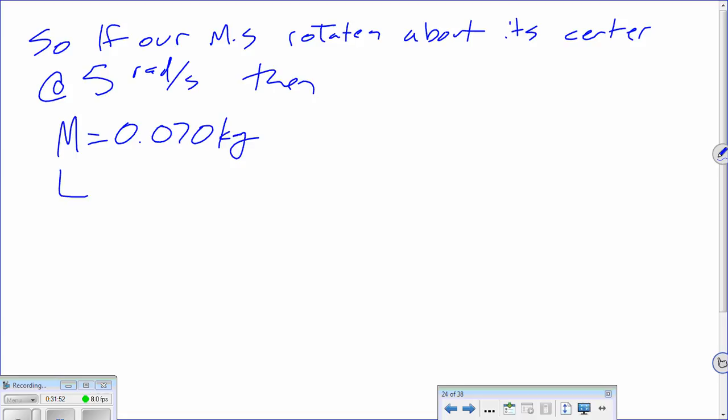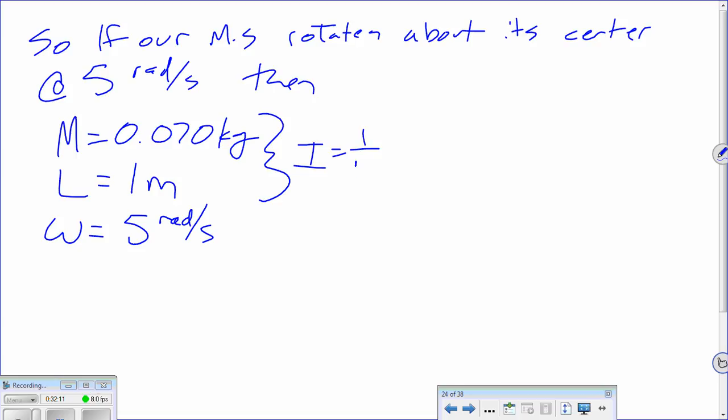I know the length of the meter stick is 1 meter, because it's a meter stick, and that's how meter sticks work. And I know that my angular velocity is 5 radians per second. So I can use this information to find my I. It's just going to be (1/12)ML squared, because that was the equation we came up with. So that's going to be 1/12 of 0.07 kilograms times 1 meter squared.